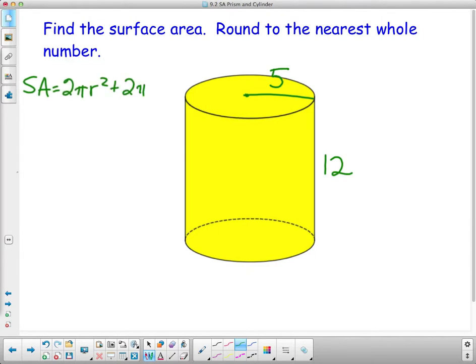I need to calculate this. It says nearest whole number in the end, on the final calculation.